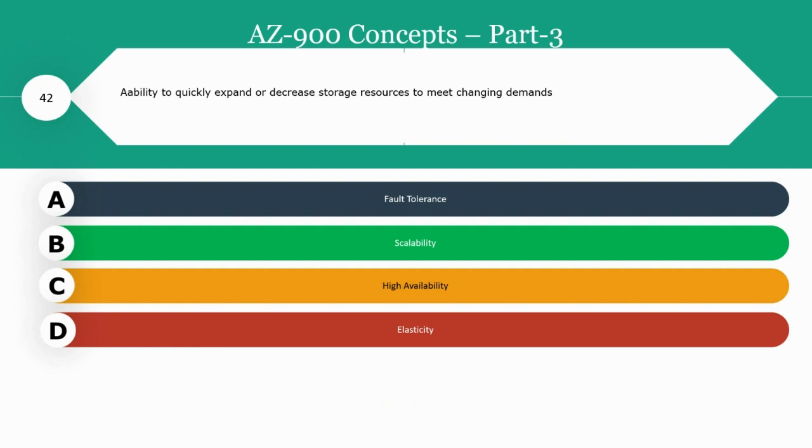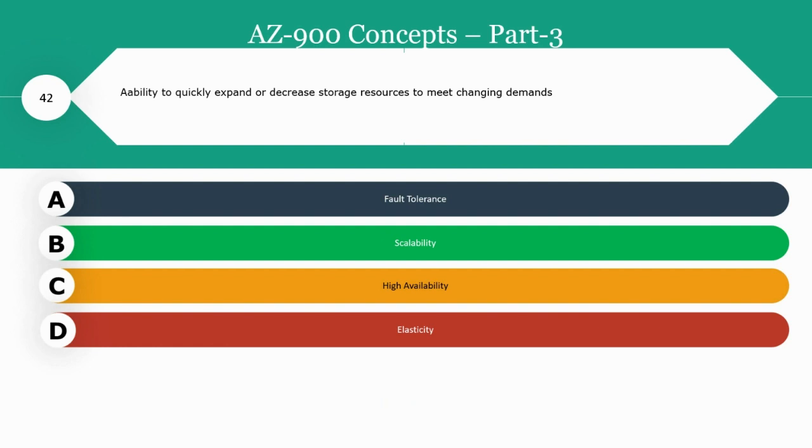Next question, ability to quickly expand or decrease storage resources to meet changing demands. Options are A fault tolerance, option B scalability, option C high availability, option D elasticity. Fault tolerance is something to do with any machine or resource going down, the other one should pick up.